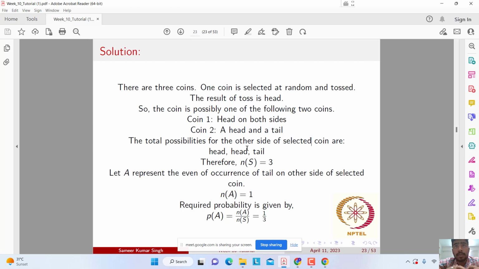So the total possibilities for the other side of the selected coin are head, head and tail. Wait, the possibilities for the other side of the selected coin are head.